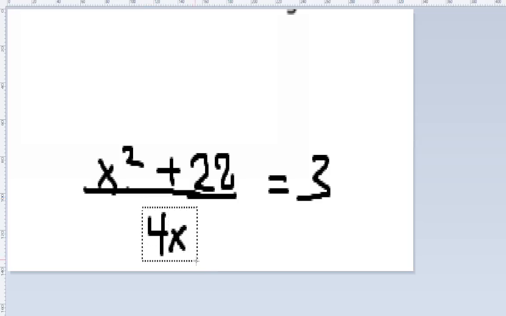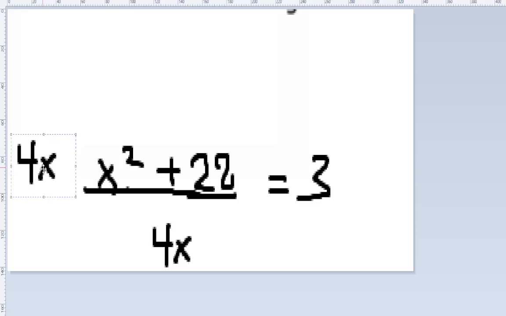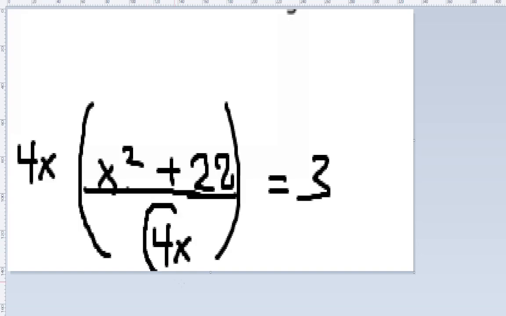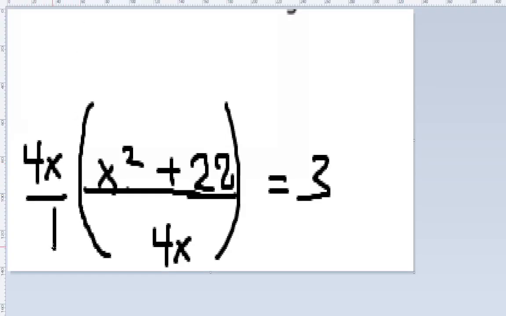I don't want this as a fraction. I can get rid of this as a fraction. I can multiply this left side by 4x to get rid of that denominator. But in this case, I'm not multiplying it by a version of 1. I'm essentially multiplying it by its reciprocal. See? 4x over 1.